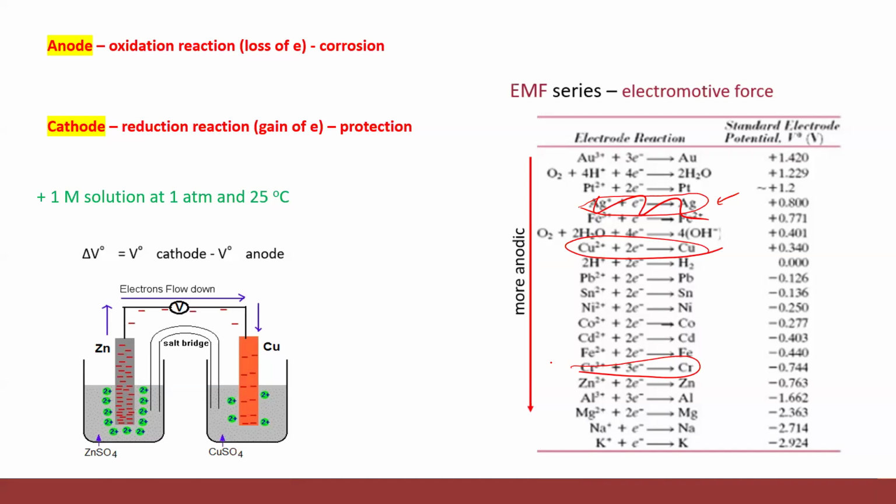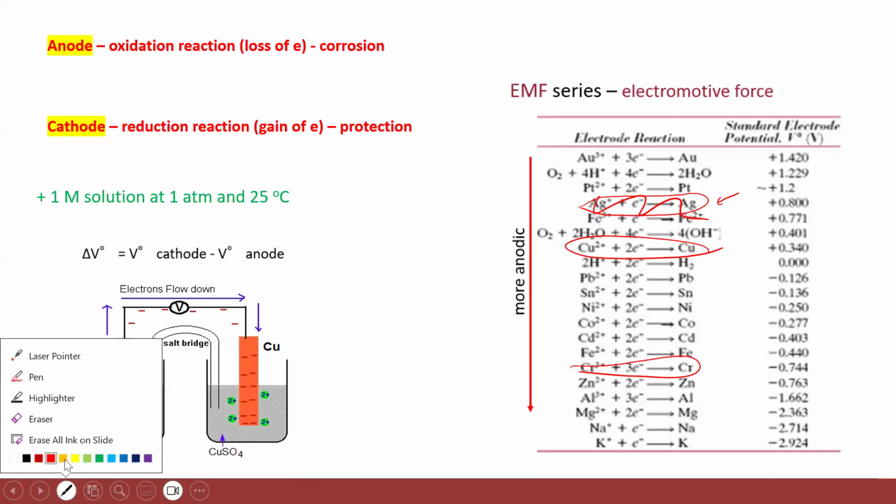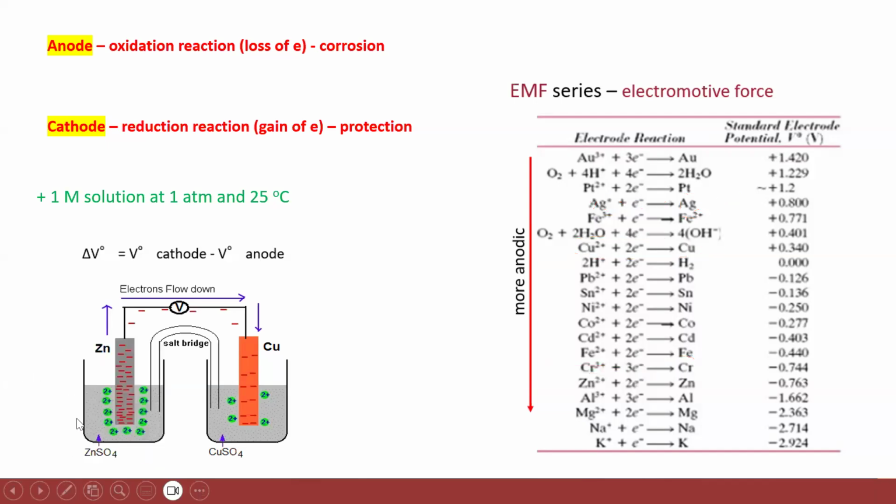Does that make sense? After identifying which metal is the cathode and which is the anode, we will be able to write the reactions. In the anode, what is happening is the anode is losing electrons, so we call this an oxidation reaction. If you look at zinc and copper, which one is the anode and which one is the cathode?